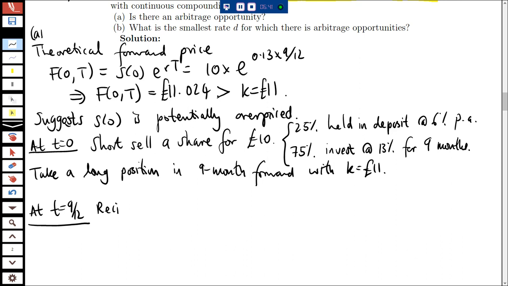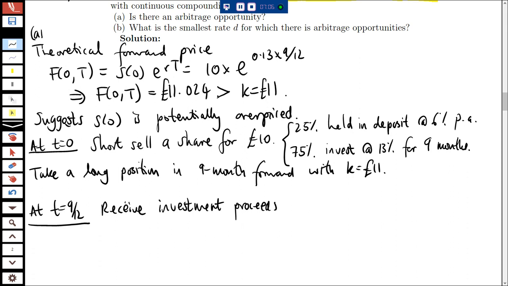Well, we receive some investment proceeds. Let's calculate that.